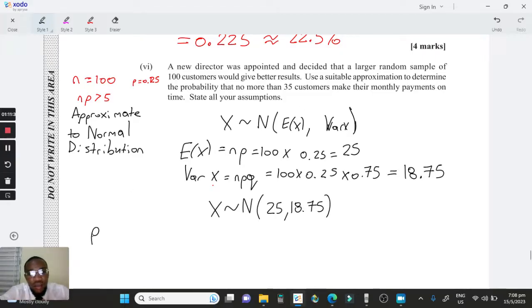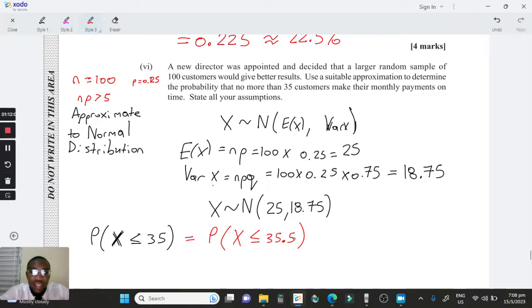Now we need to find the probability that no more than 35, that means maximum, less than or equal to 35. Since it says less than or equal to 35, remember, we're going to add half to it. So we're really trying to find the probability x is less than or equal to 35.5.